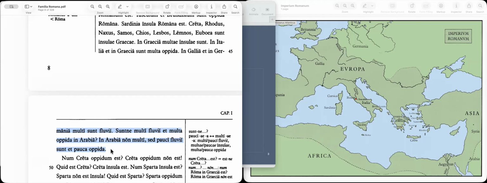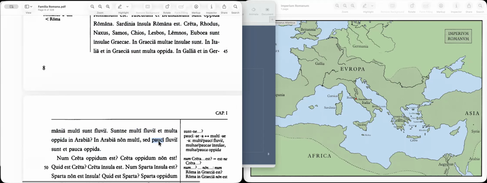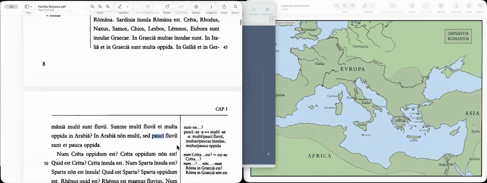Pauca. Yeah, and that's one thing you're going to have to get used to. Paucus means little, and the plural is pauci because the US becomes an I. As the endings may change, some of the consonant sounds may change.